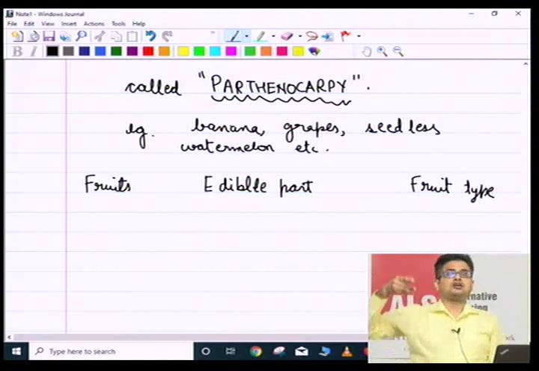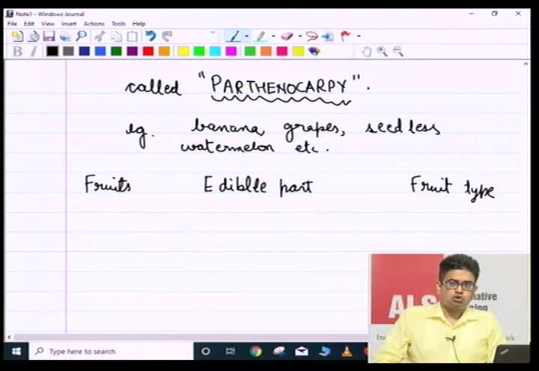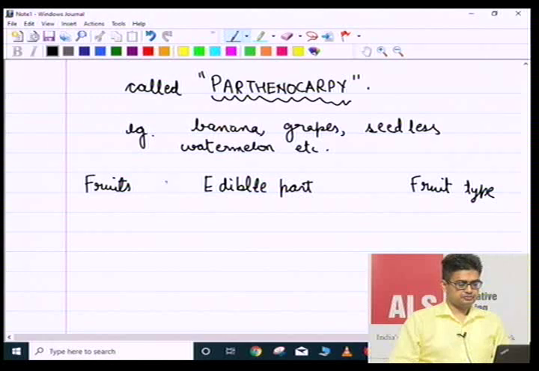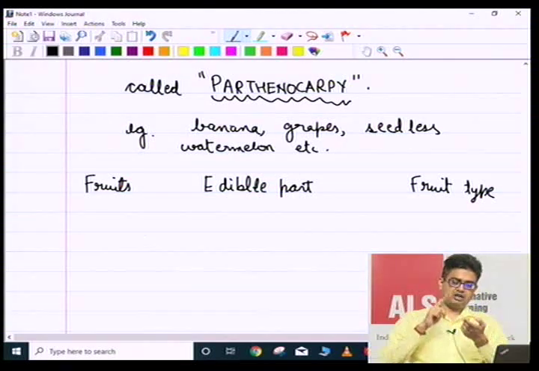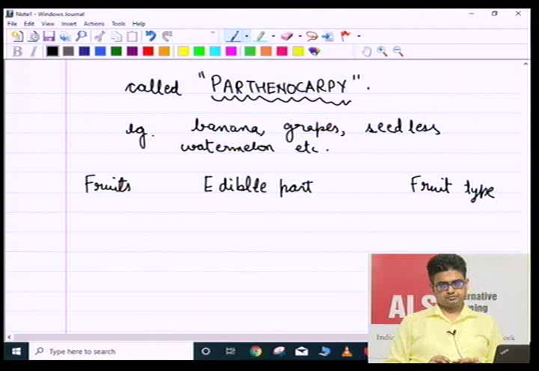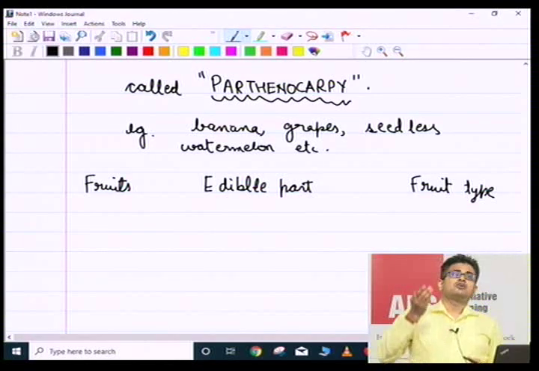The outer covering of the fruit is called pericarp. Pericarp is divided into epicarp, mesocarp, endocarp. Questions and examinations are based upon what is the edible part in this type of fruit.